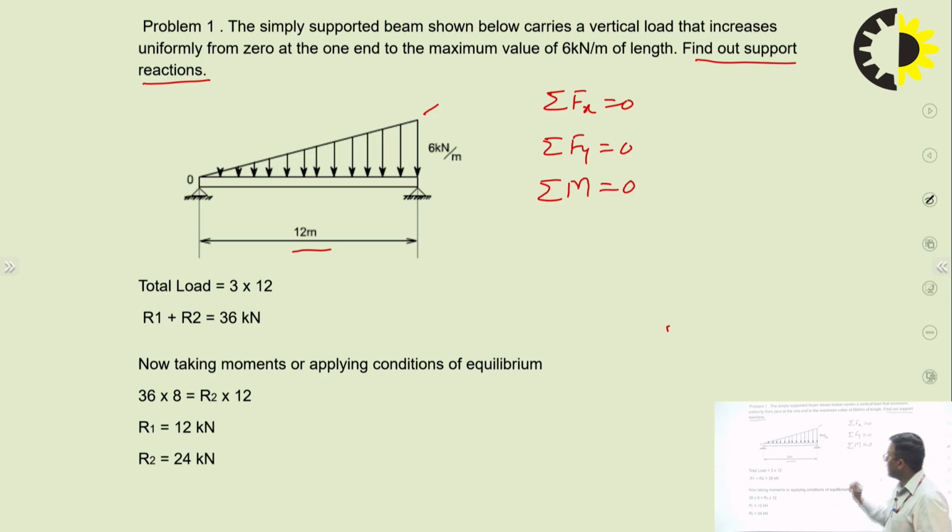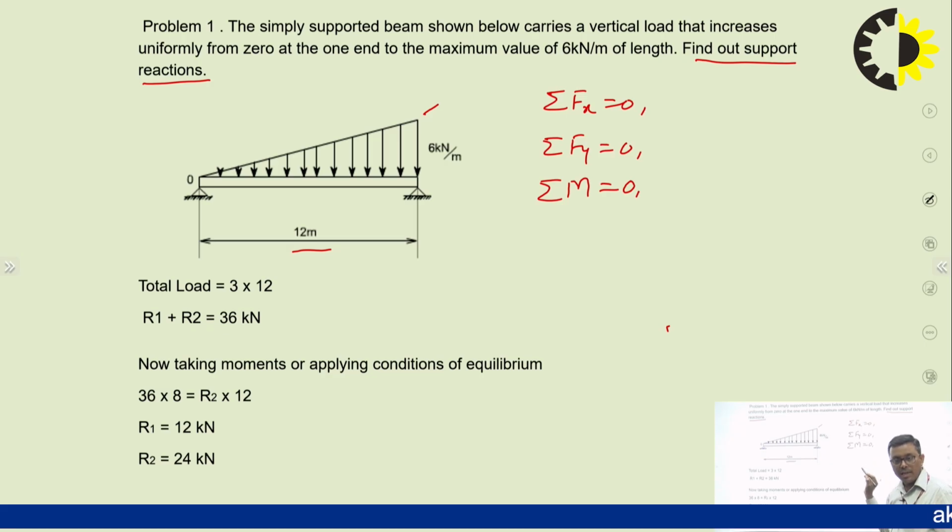Sigma Fx equal to 0 means the algebraic sum of all the forces in x direction. Sigma Fy equal to 0 means the algebraic sum of all the forces acting in y direction. Sigma M equal to 0 means moment about any point in the plane must be equal to 0. So, one by one I am applying these equations.